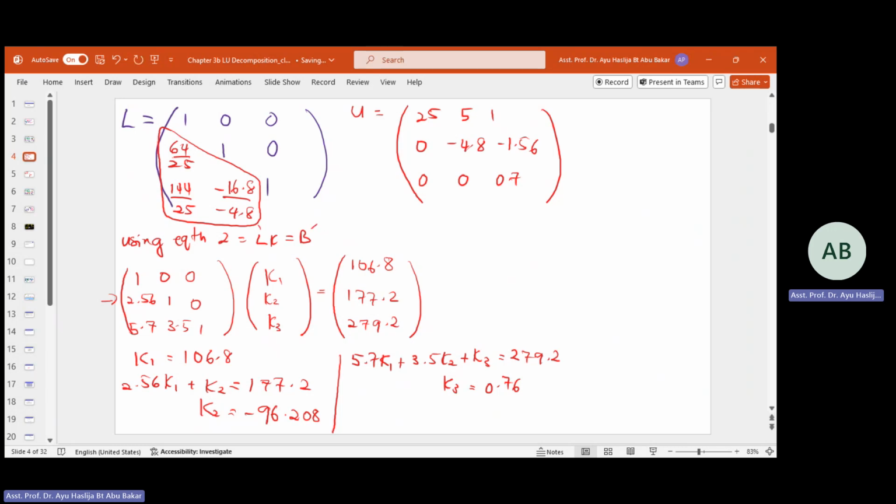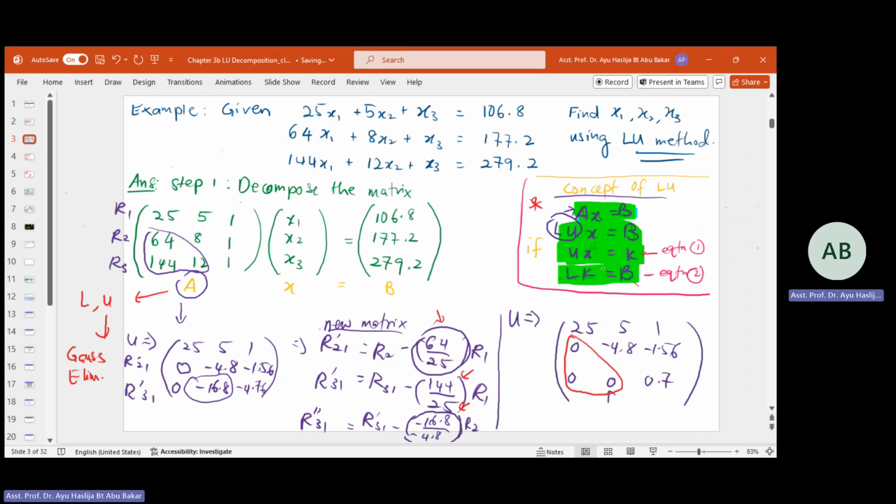If you want to use equation 1 directly, which is Ux equals K, X is the one that you need to calculate, unknown. K is also unknown here. You only have the U matrix. So that's why we proceed with equation 2 first. L is known, B is known, then get the K.